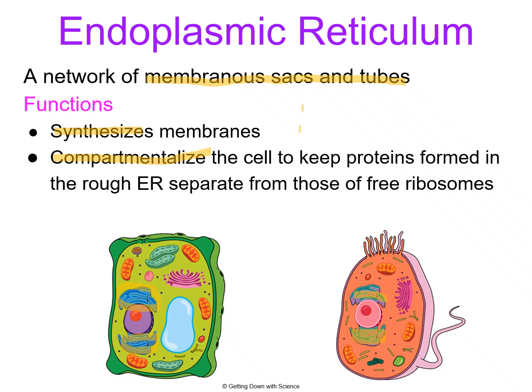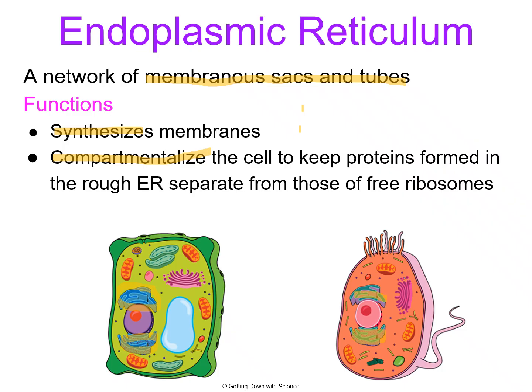So it helps to produce these membranes so that organelles can have membranes, and by doing so, it keeps the cell compartmentalized. So it keeps the organelles separated from the internal part of the cell. So organelles can be enclosed, or organelles can be compartmentalized themselves.